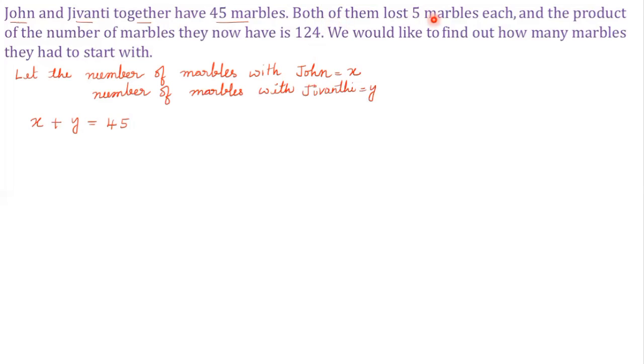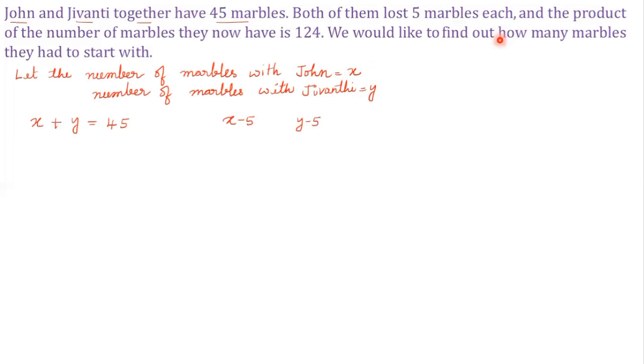So the equation is x plus y is equal to 45. Now both of them lost 5 marbles each. In the beginning they had x marbles with John and y marbles with Jivanti. Now John and Jivanti both lost 5 marbles each, so now the number of marbles with John is x minus 5, and with Jivanti is y minus 5.